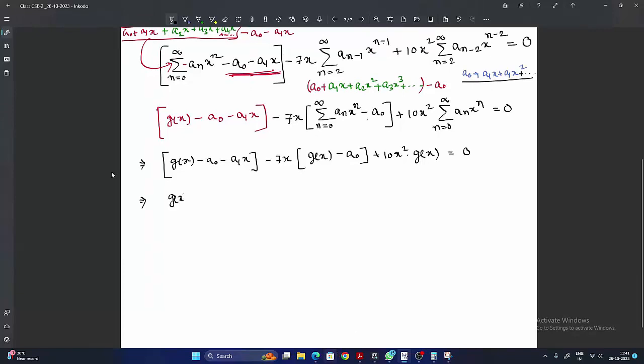So g of x minus a0 value which is 3, minus 3x, then minus 7 of x into g of x minus 3, plus 10x squared into g of x, is equal to 0. Now take the g(x) terms together and you will get g of x into 1, minus 7 of x, and 10x squared.